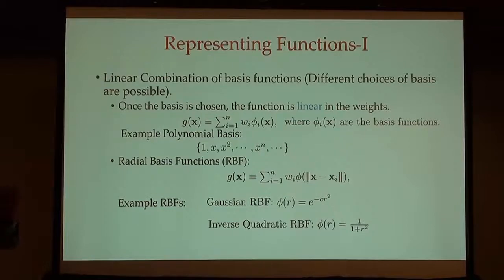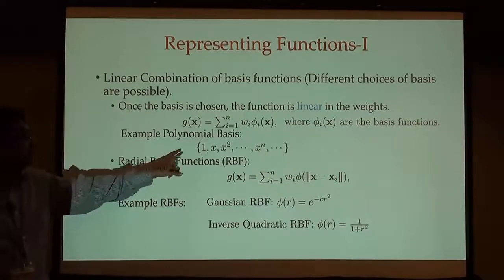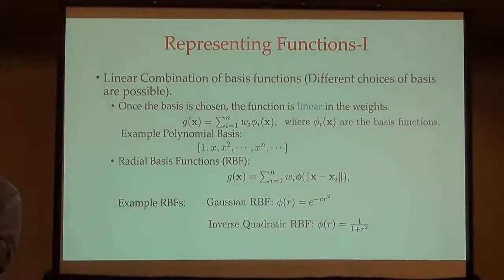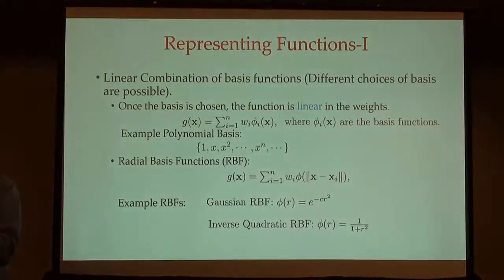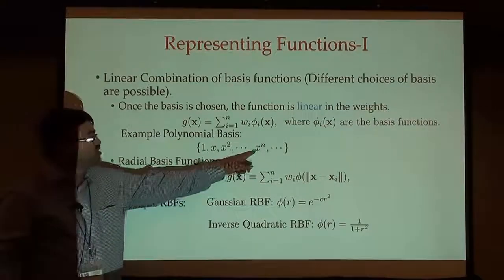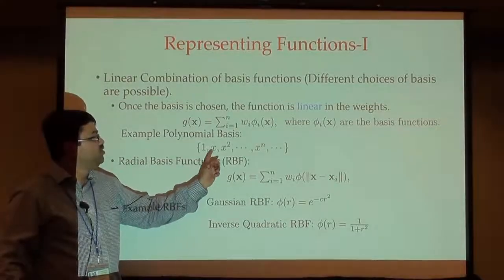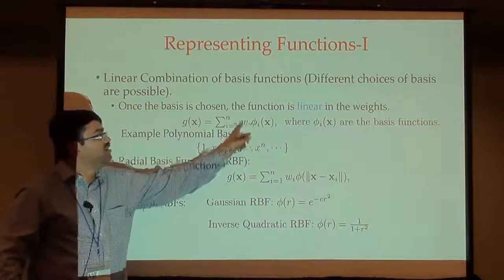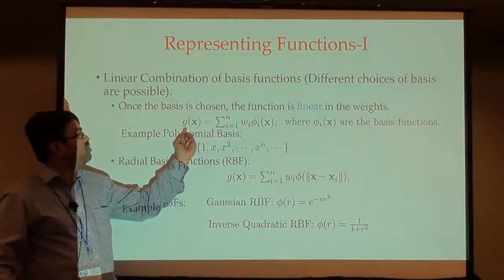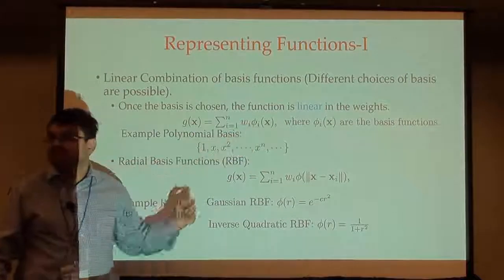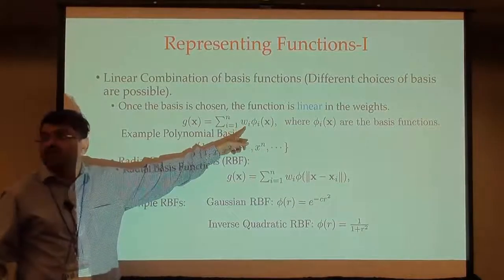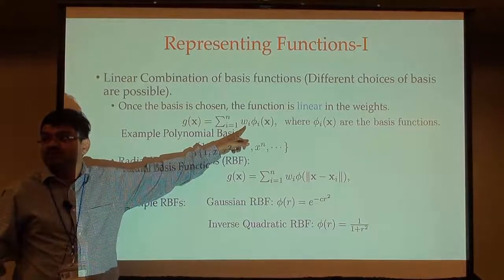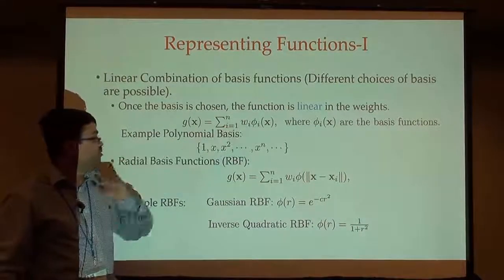Even if you don't know advanced things like Chebyshev polynomials, you know monomials, like 1, x, x squared, and you know that you can fit a polynomial curve to data points, right? When you are doing that, you are essentially using a combination. So if you are selecting an n-degree polynomial, you are using these basis functions, and what you are doing is approximating your function using a weighted sum of your basis functions. And these weights are essentially the coefficients of your polynomial. Okay? So that is one way to think about it.